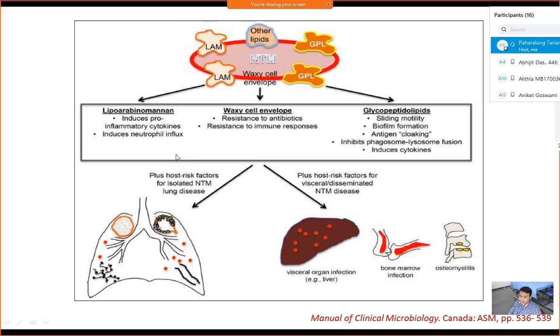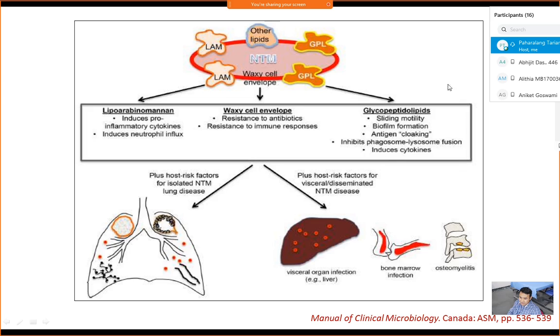As you know, the mycobacteria have a number of defense mechanisms. They have lipoarabinomannan, which induces pro-inflammatory cytokines and induces neutrophil influx. There is a waxy envelope which offers resistance to antibiotics and also resistance to the innate immune responses of the body. And they also have multiple glycopeptidolipids, which allow the bacteria to generate biofilms, aid in their motion, and cloak the bacteria from antigen presentation.